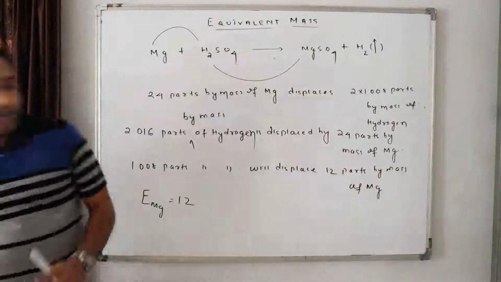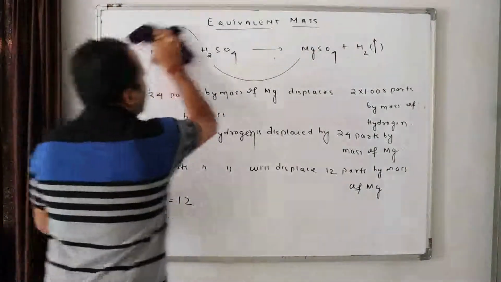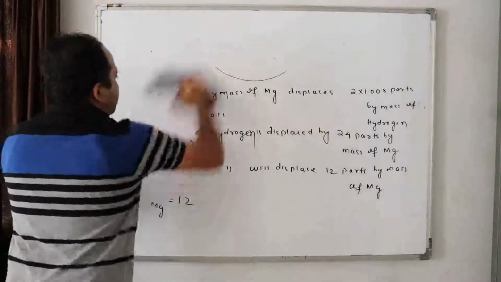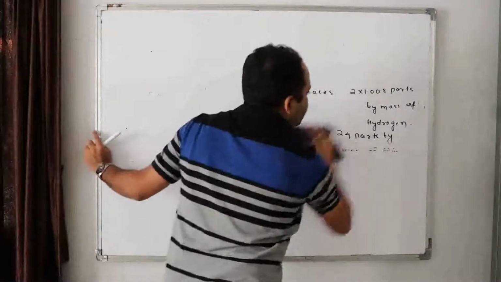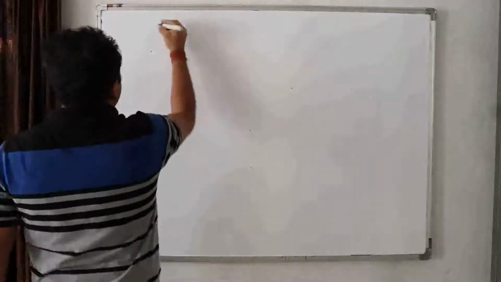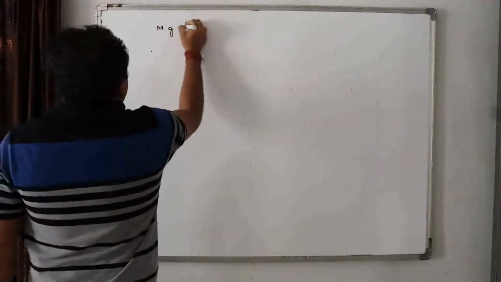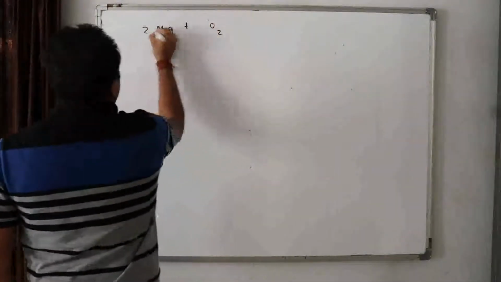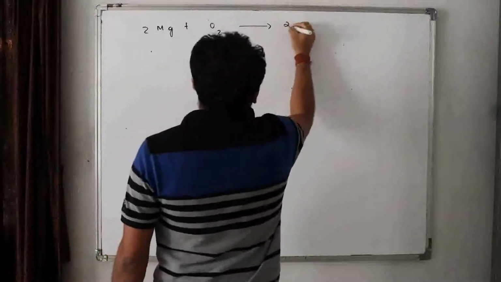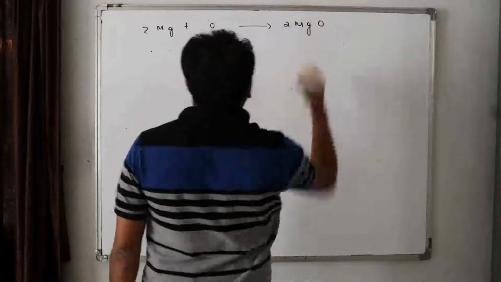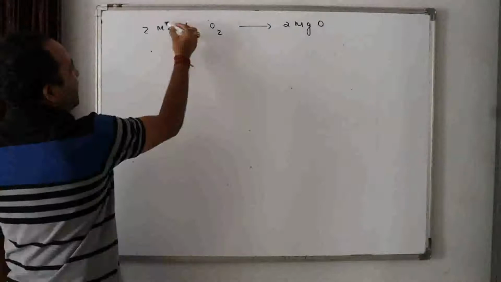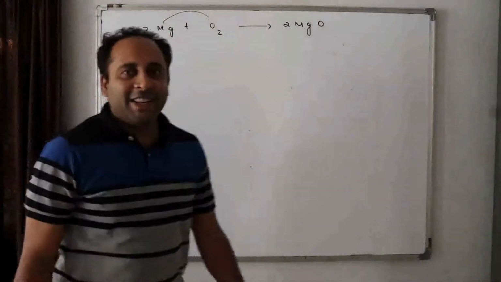One more example. If I write magnesium plus oxygen gives rise to magnesium oxide. Here magnesium combines with oxygen, isn't it?